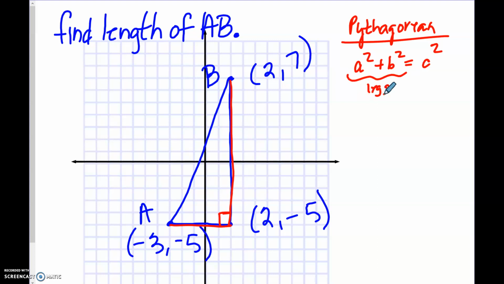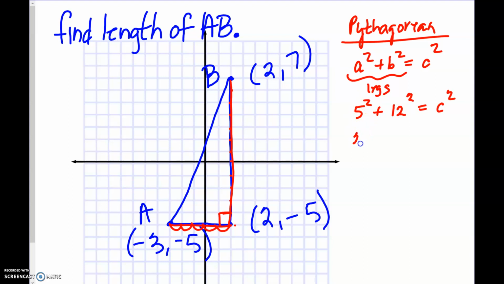Because this is graphed, we can actually count 1, 2, 3, 4, 5. So I know that the length of that side is 5, squared. And because this is exactly vertical, I can count 1, 2, 3, 4, 5, 6, 7, 8, 9, 10, 11, 12, plus 12 squared equals c squared. This looks no different than what we have been doing.